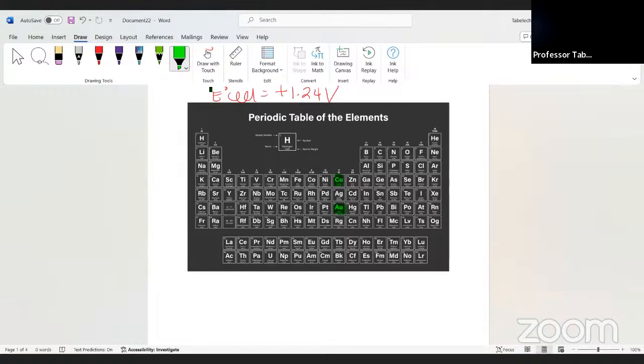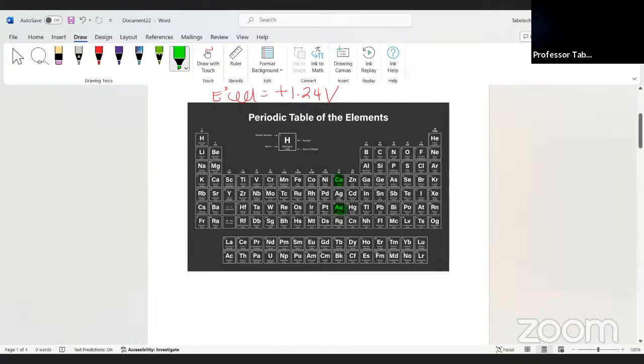In this particular case, gold is on the bottom. Normally, when you go down the groups, the electronegativity decreases. But in this case, for copper and gold, it actually increased. Because of that, gold is going to be the cathode and copper is going to be the anode.